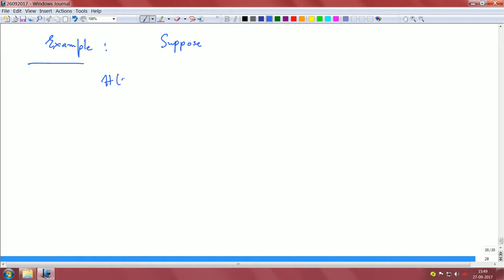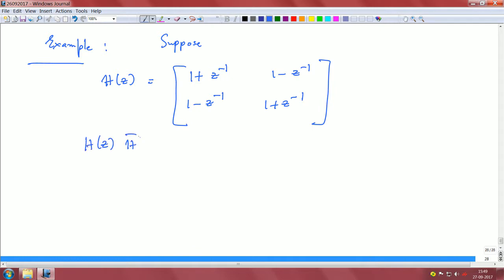Now let us consider an example for the design of such synthesis filters. Suppose H of z is the matrix with rows 1 plus z power minus 1, 1 minus z power minus 1, and 1 minus z power minus 1, 1 plus z power minus 1, as shown. Now H of z times H bar of z should be some C times identity for lossless conditions.